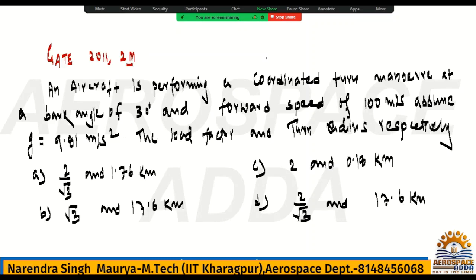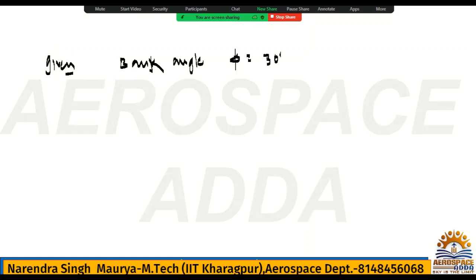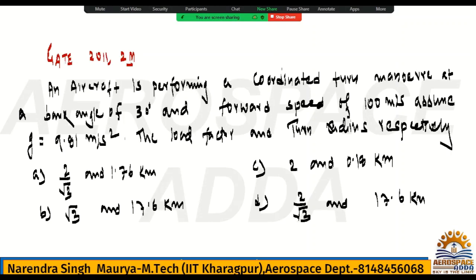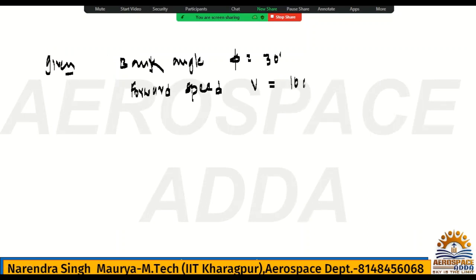And forward speed is given as 100 meter per second.